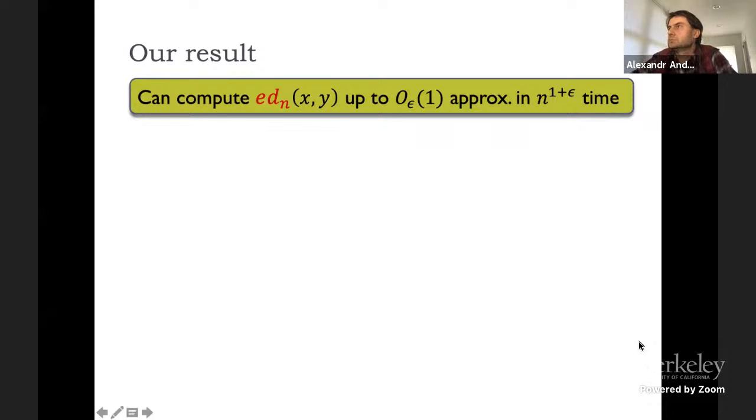Good question. I'm sure that yes, but... there is a paper which basically says that if you can estimate the distance in time something like n^(1+epsilon) with constant approximation, then you can actually recover the optimal alignment with another factor loss in n^(1+epsilon) and another loss in the approximation.